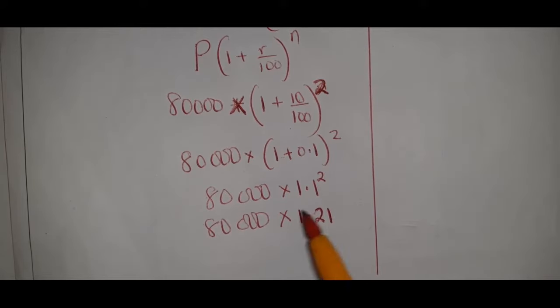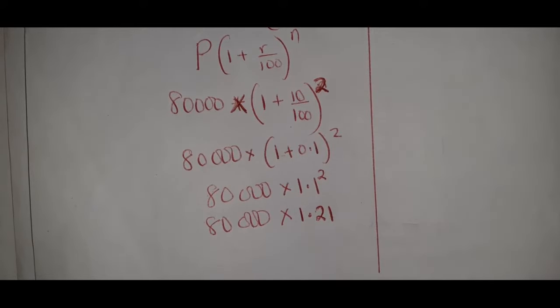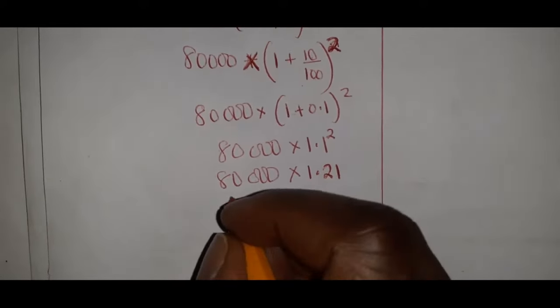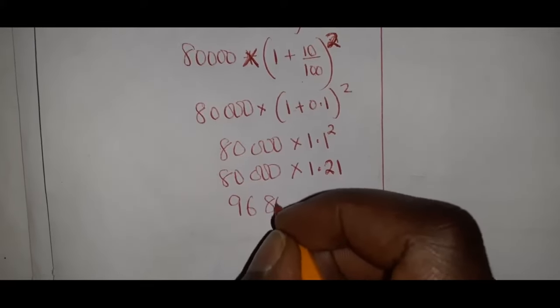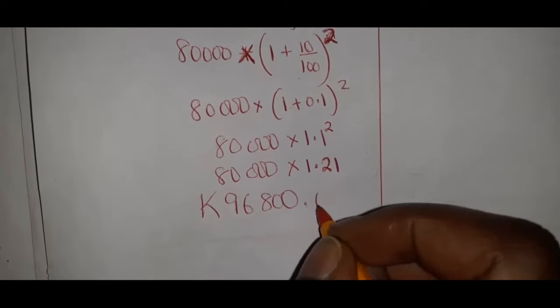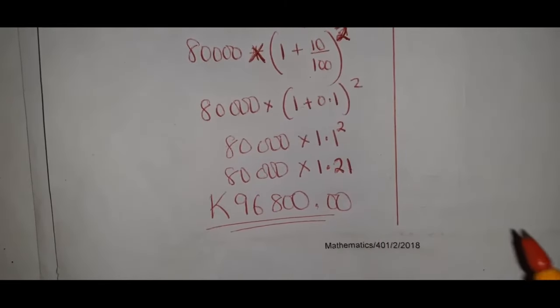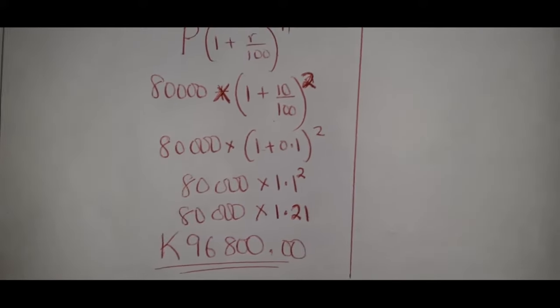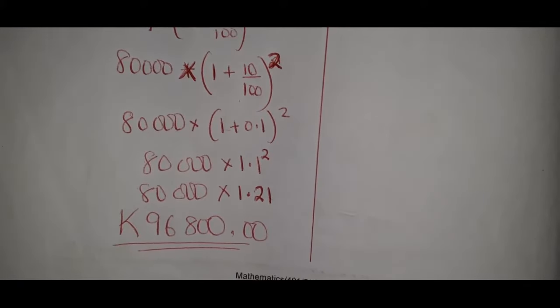What do we get? We're going to get 96,800 kwacha. 96,800 kwacha is what we're going to get.